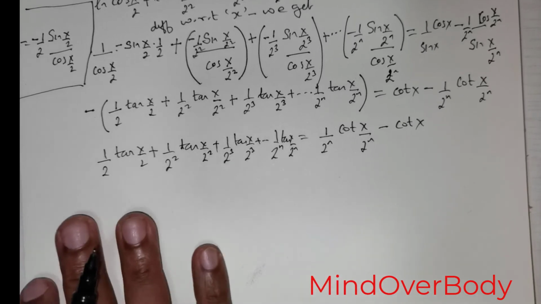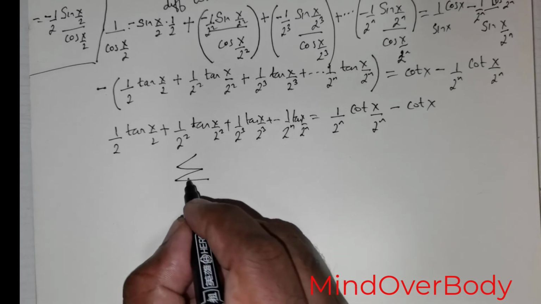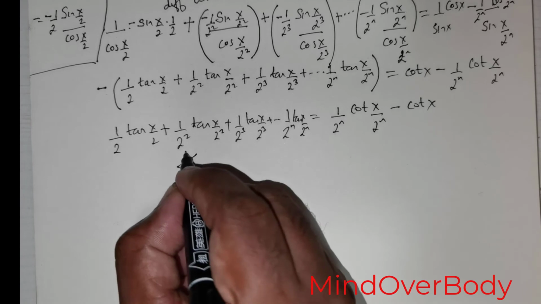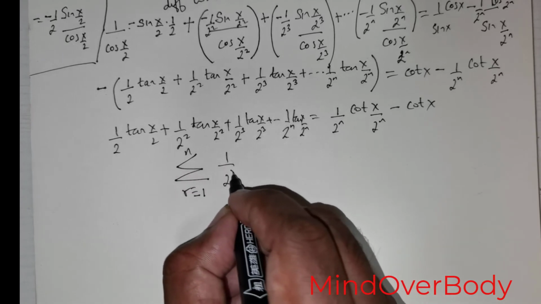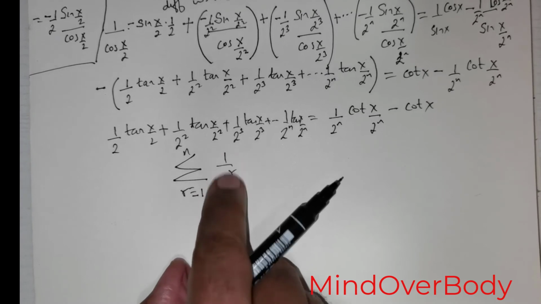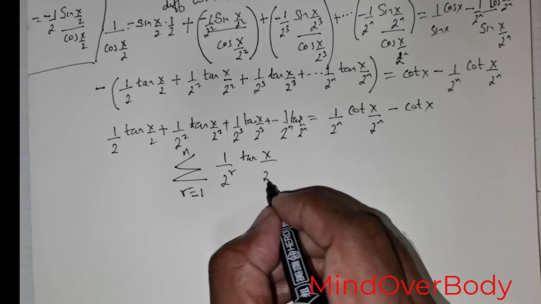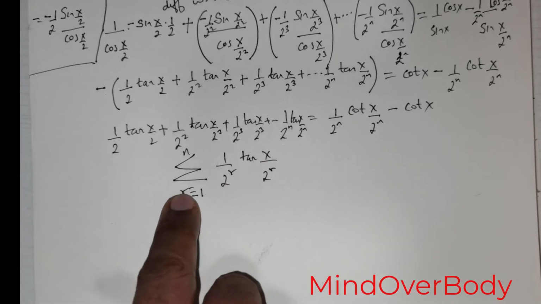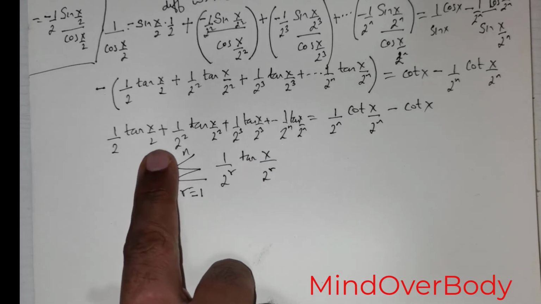Now this can be rewritten with the series expansion. Sigma r is equal to 1 to n 1 over 2 raised to the power of r. When r is equal to 1, this is 1 over 2 times tan x over 2 raised to the power of r. So clearly I get the first term when r is equal to 1, right? 1 over 2 times tan x over 2 raised to the power of 1.